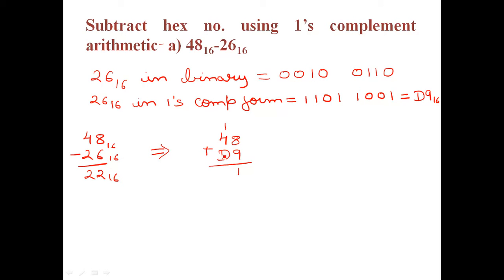Then D plus 4 plus 1, that is 13 plus 4 is 17, plus 1 is 18, so 2 and 1. So this is the carry. Now what will we do with this carry? We are going to add the end-around carry. So 22 in hex.